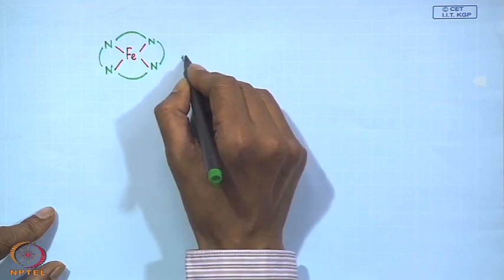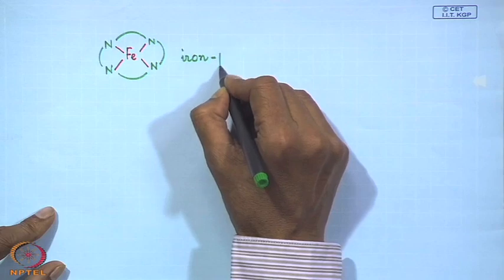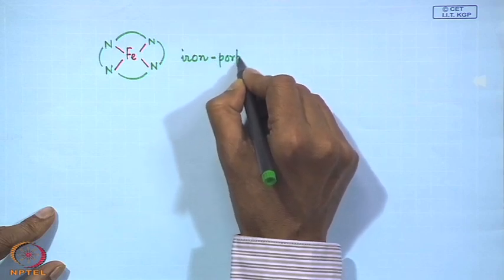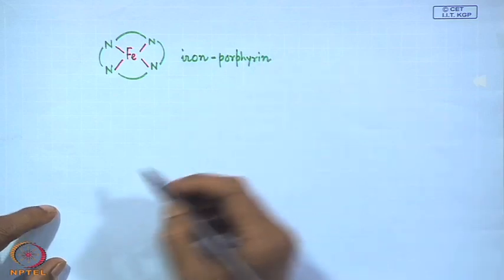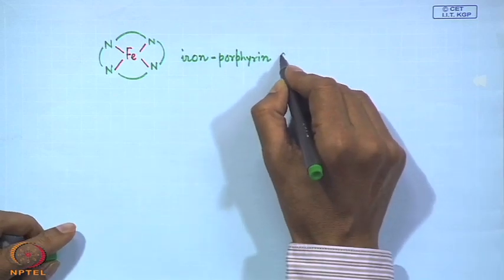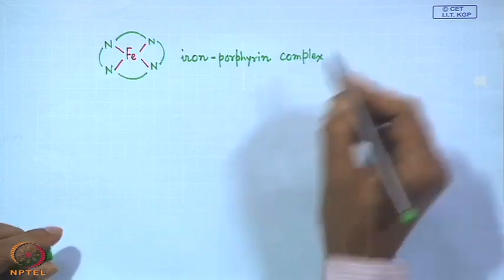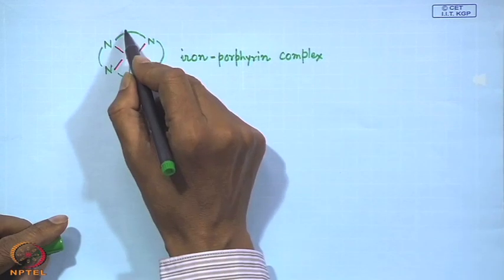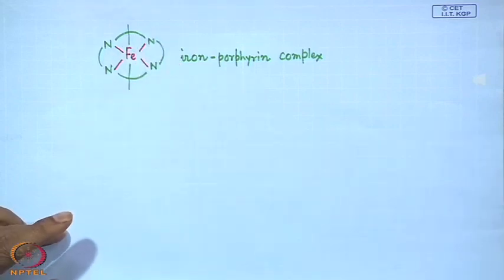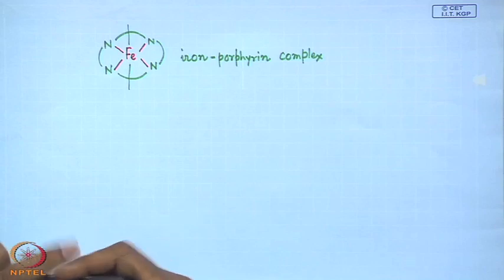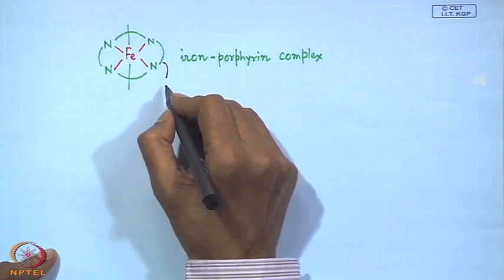So, we have an iron porphyrin complex, and it has two other points of attachment also.